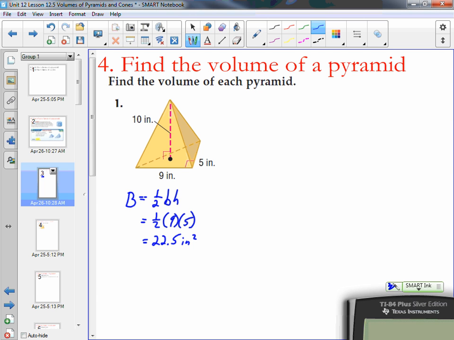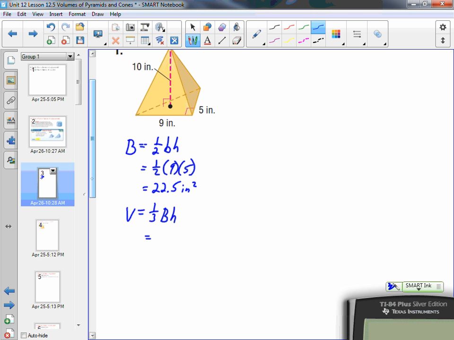And now we're ready to find the volume. So volume for a pyramid equals 1/3 times the area of the base times the height. 1/3 times, well, we just found that the area of the base is 22.5, times, and they gave us a height of 10.